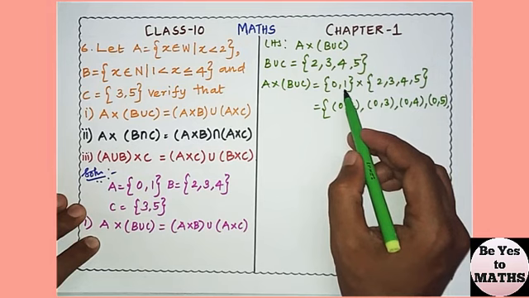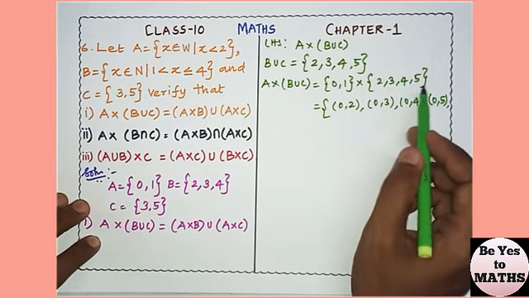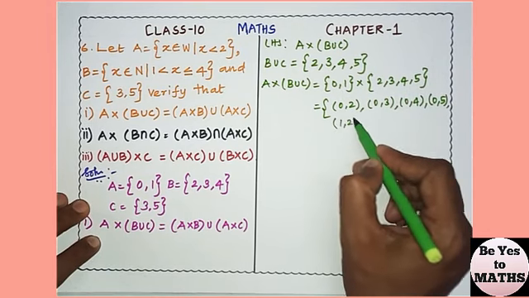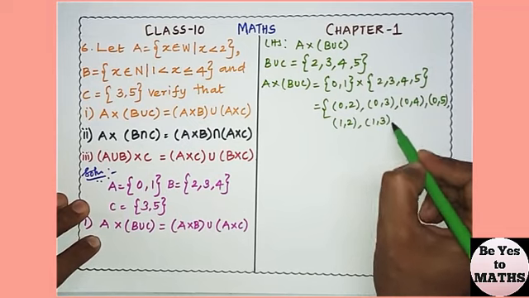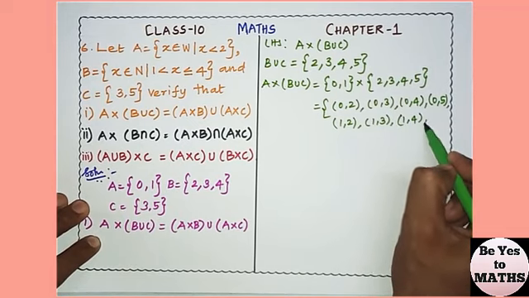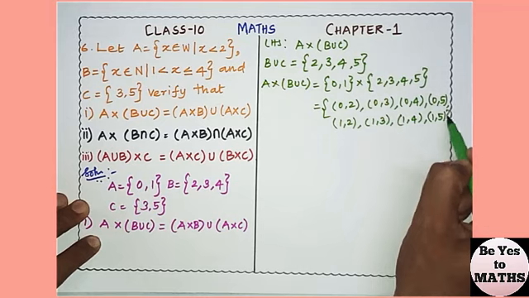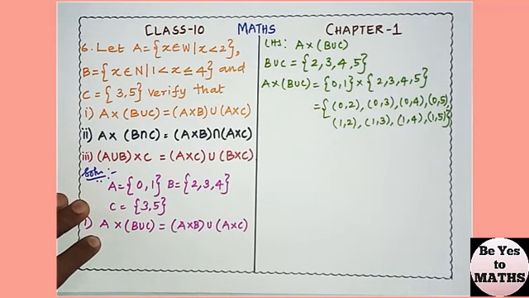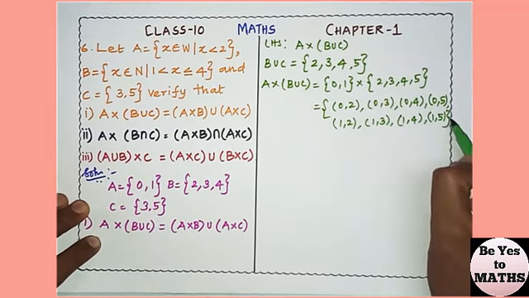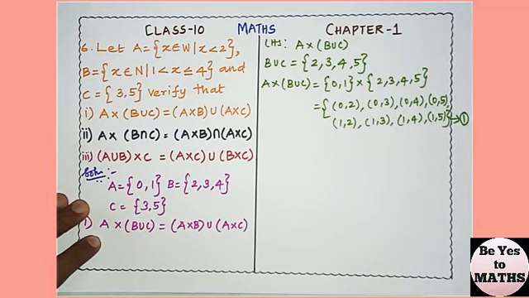Now take 1 from the first set and pair with all the elements in the other set. So (1, 2), (1, 3), (1, 4) and (1, 5). This is left hand side. Left hand side is over. So take this as equation number 1. Now we'll go for the right side.